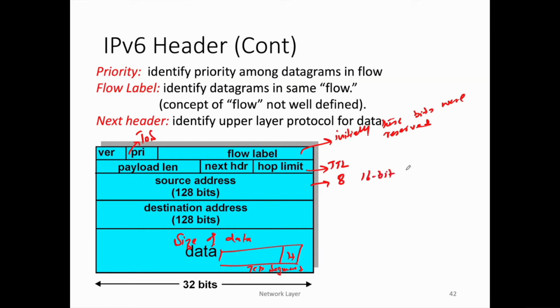So this 128-bit source and 128-bit destination IP address is written as 8 16-bit integers, separated by colons, right? And each of these 16-bit integers is represented by 4 hexadecimal digits.